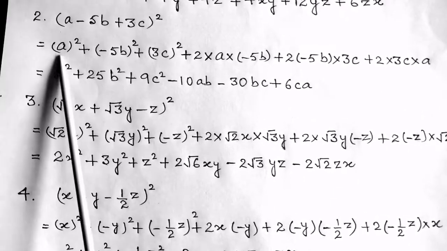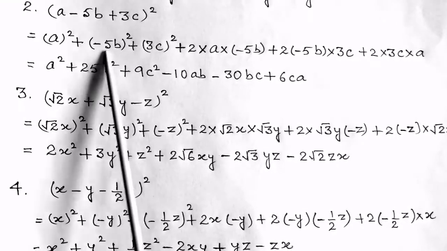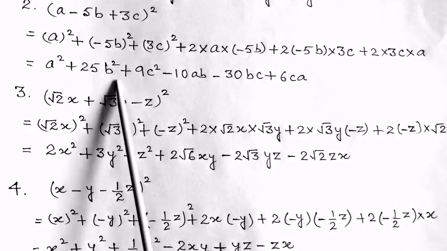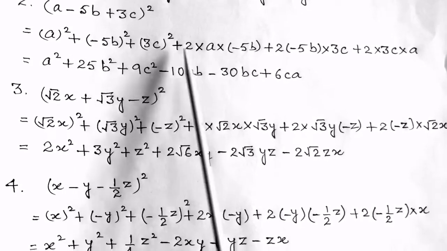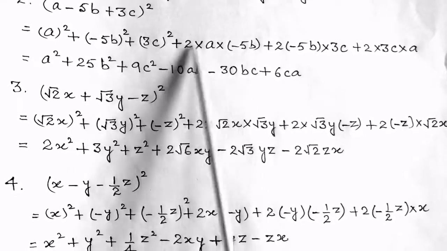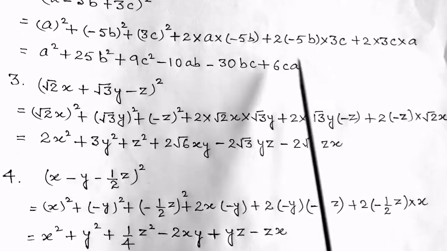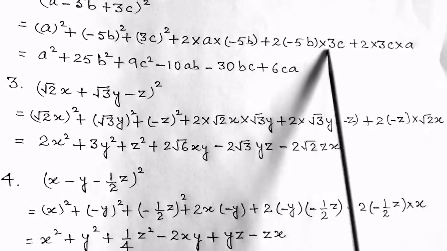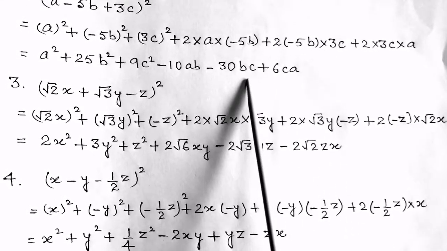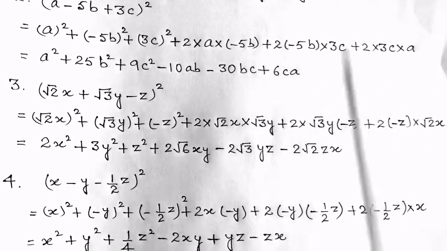Now simplify, this becomes a square, square of minus 5 will be 25, so plus 25b square plus square of 3c will be 9c square. Now plus into minus is minus, so 2 5s are 10, so minus 10ab. Here also plus into minus is minus, so 2 5s are 10, 3s are 30bc, right? So minus 30bc plus 2 3s are 6ca.